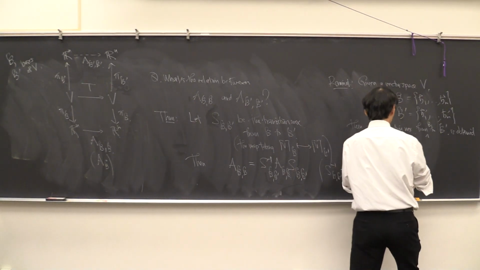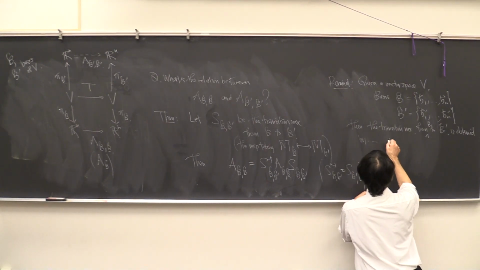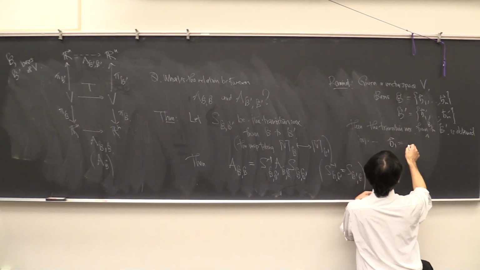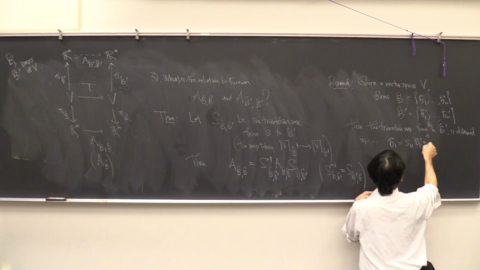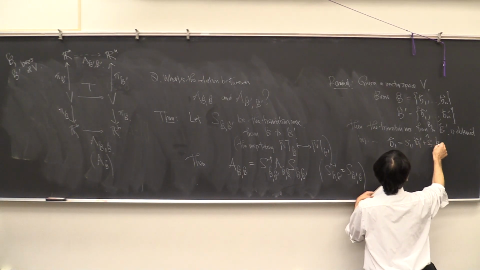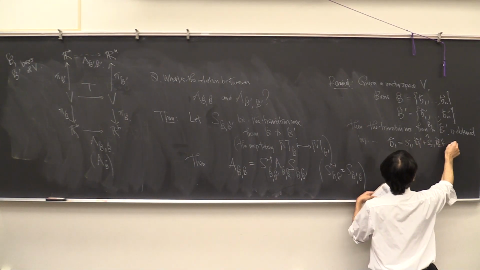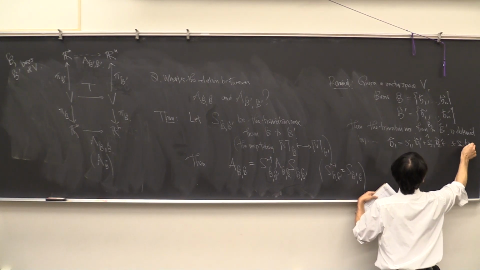So you remember, we would say B1 equals S11 B1 prime plus S21 B2 prime plus Sn1 Bn prime.